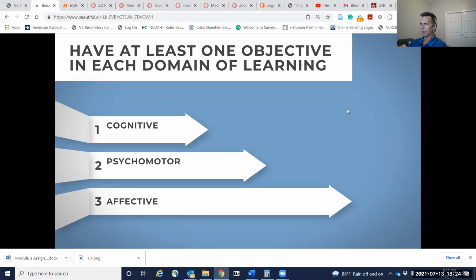So for example, if you take the cognitive outcome for any program, you have a couple of measurement tools. You have the NBRC exam, correct? TMC. You also have the final exam of their capstone course. And maybe you also did live one-on-one simulations to demonstrate cognitive ability.